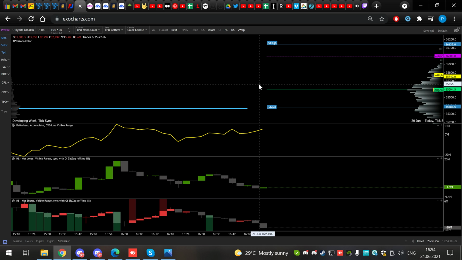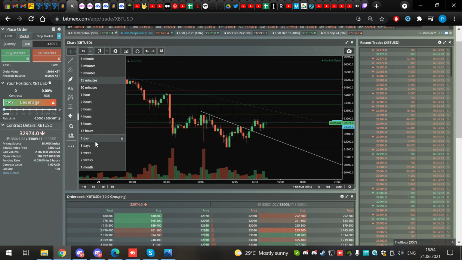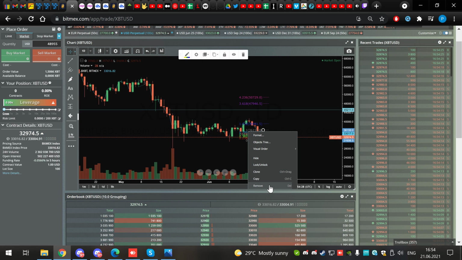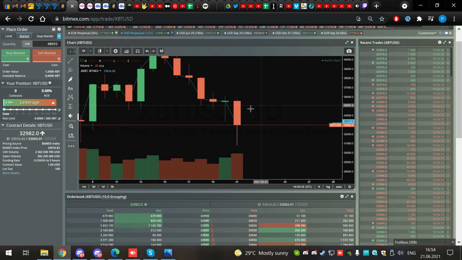Why is it happening? Because the daily open shows you the overall candle. If you claim the daily open, for example today we have a red candle, we will change it to a green candle, and it can signal a further move up.